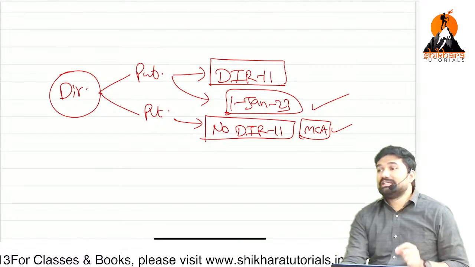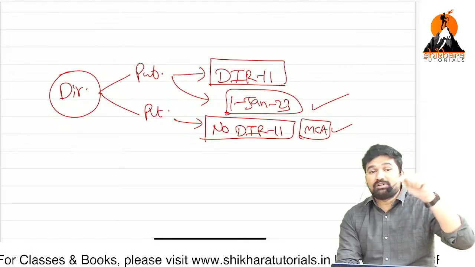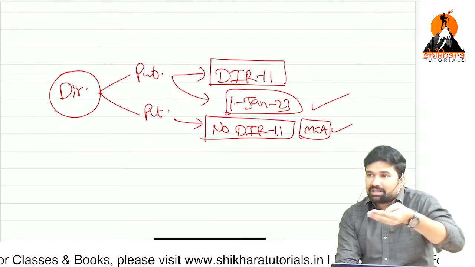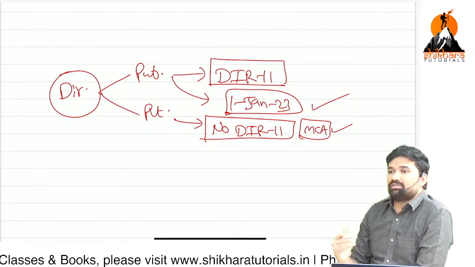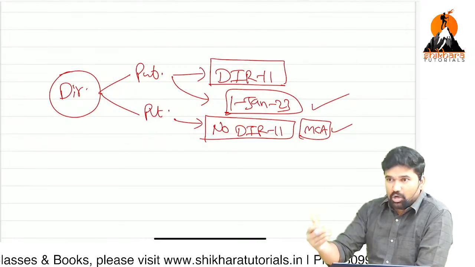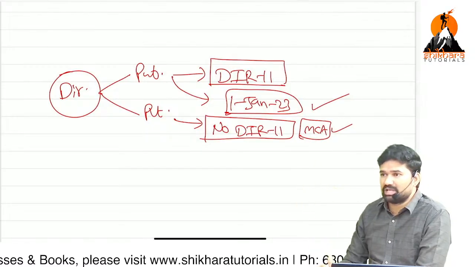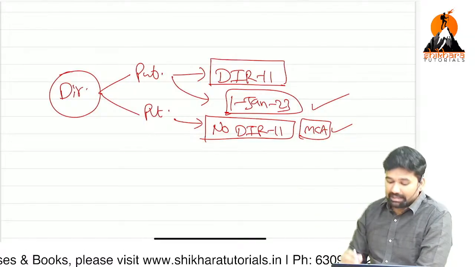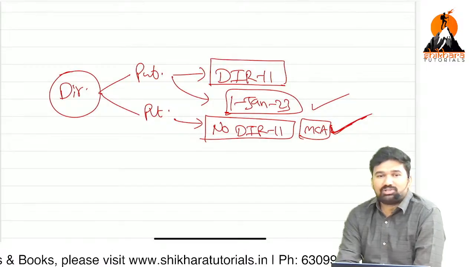If the private company's articles of association adopted the rule, that means if the articles of association clearly say that whoever the director is going out of the company by serving a resignation to us has to submit DIR 11, then these provisions will still attract to private companies also.